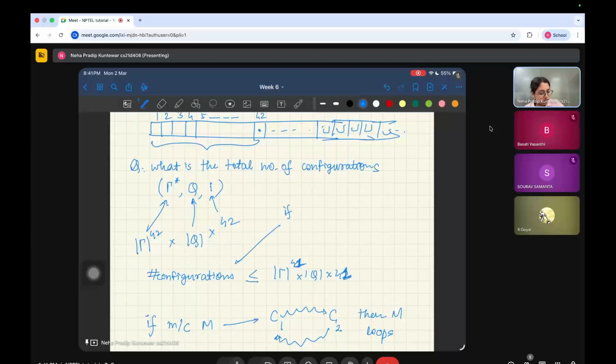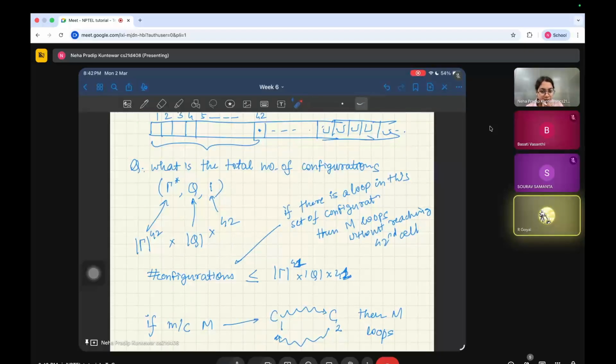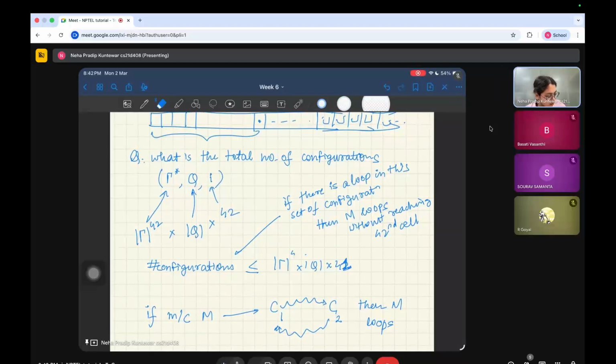So if there is a loop in this set of configurations, then M loops without reaching the 42nd cell. 41 is the key here. 41 is important here.